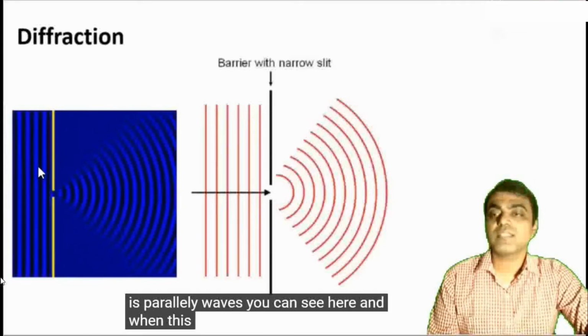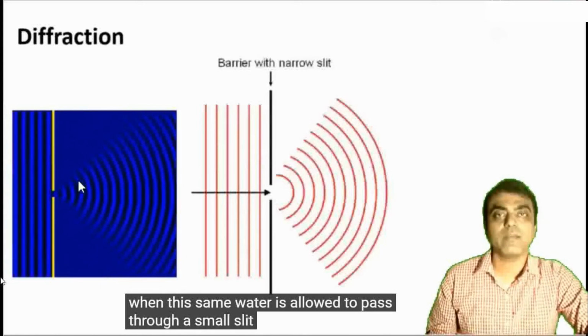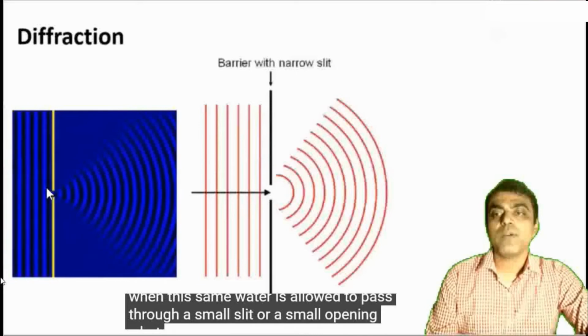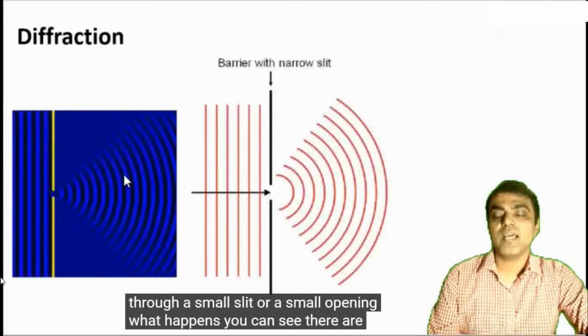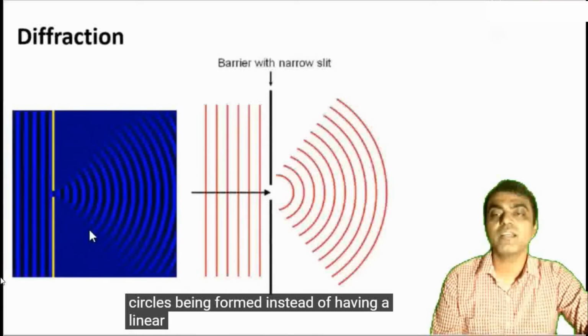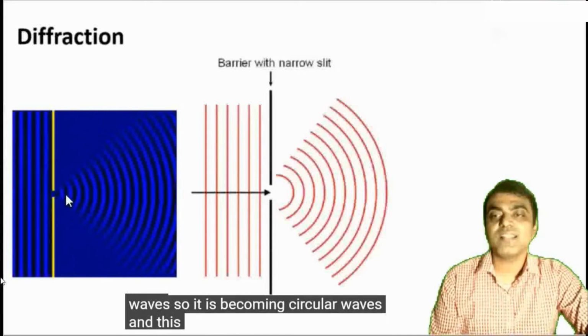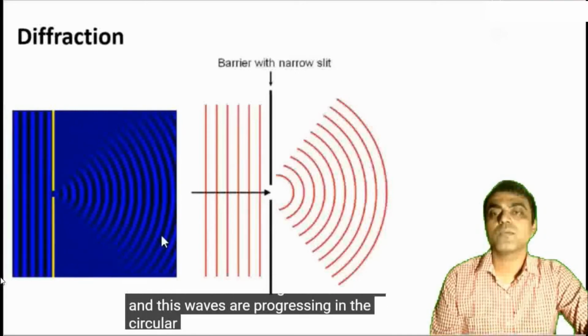And when this same water is allowed to pass through a small slit or a small opening, you can see circles being formed. Instead of linear waves, they become circular waves, progressing in a circular manner.